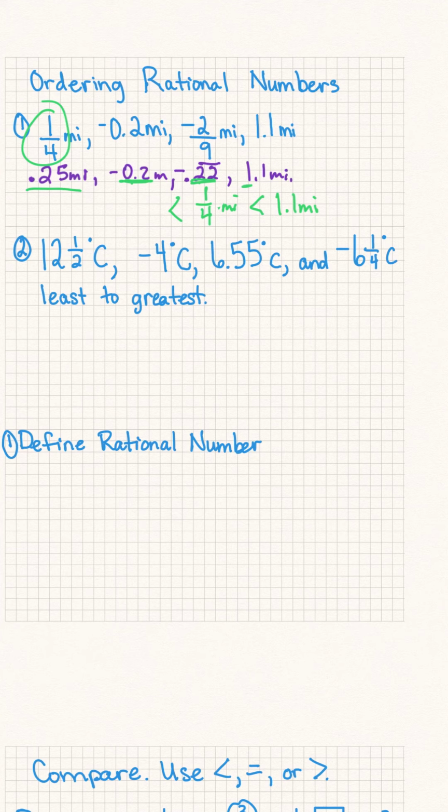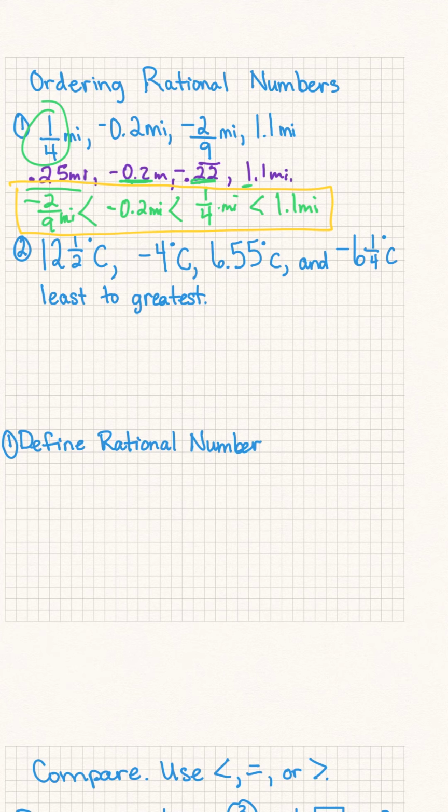So then this one's going to be negative 0.2. And that is bigger than negative, in the original form, 2/9. That is our answer.